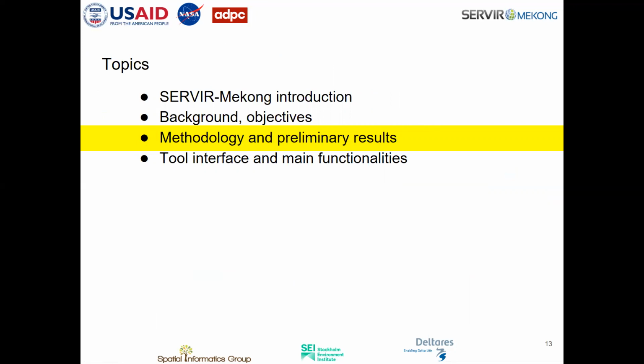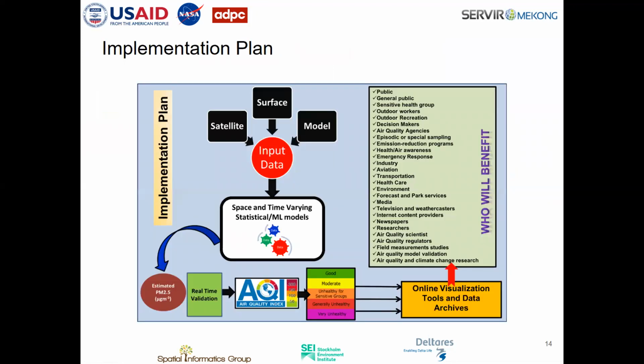And then let me talk a little bit on my job. One of the tools is called the Mekong Air Quality Explorer tool. This is how we develop the tool. First of all, we use the satellite data and model, and then we also use the ground measurement, and then we create the machine learning algorithm.